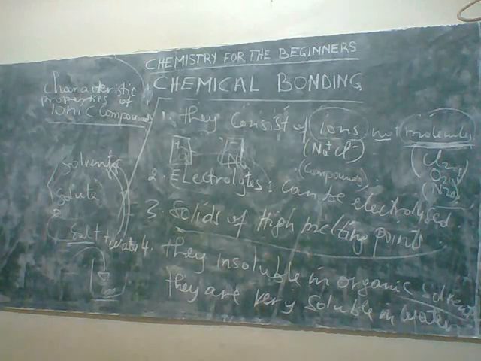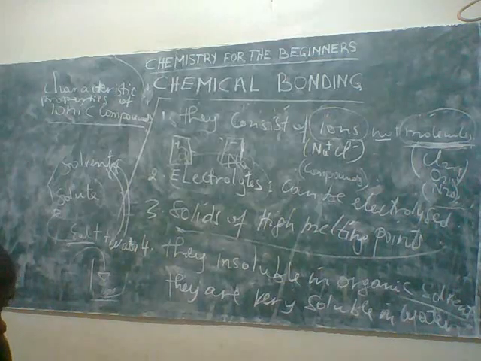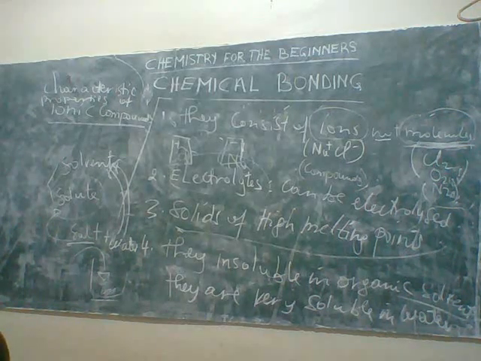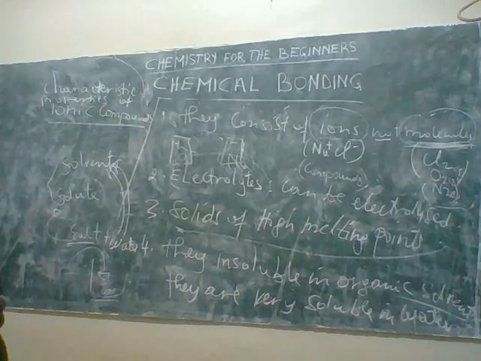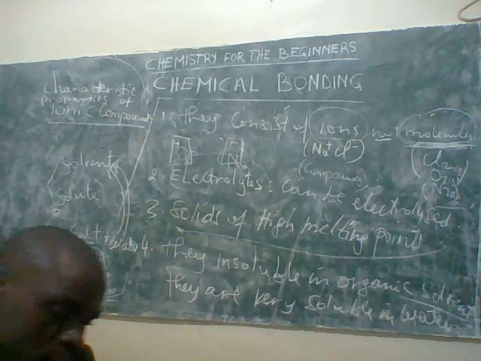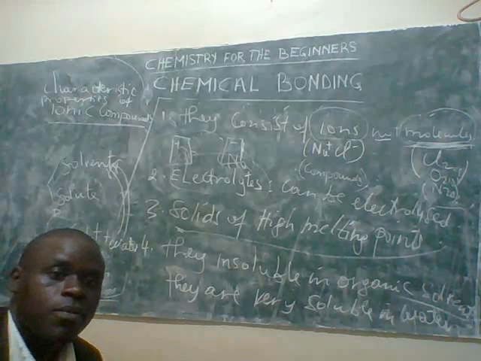Even the sugar, the way it is very soluble in water, it may be having some properties of ionic bonds. But in sugar, we find it different. We find many different types of bonds, not only ionic bonds.